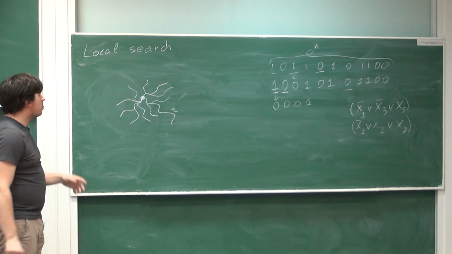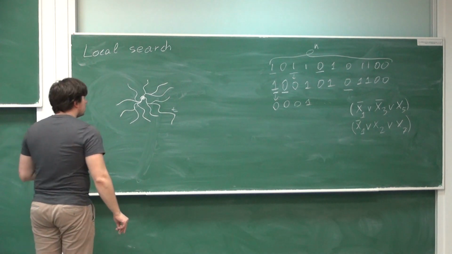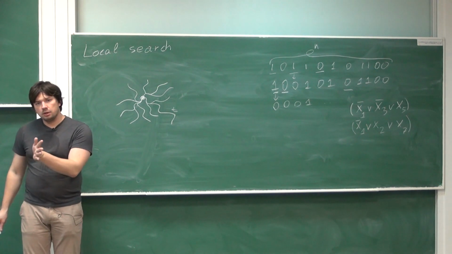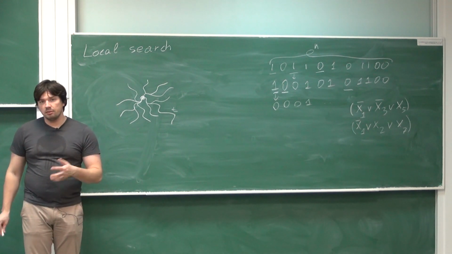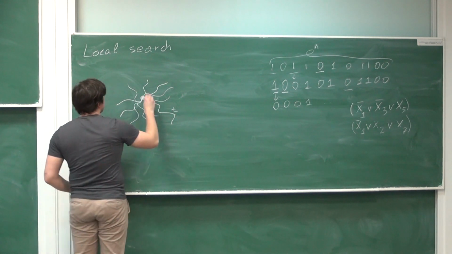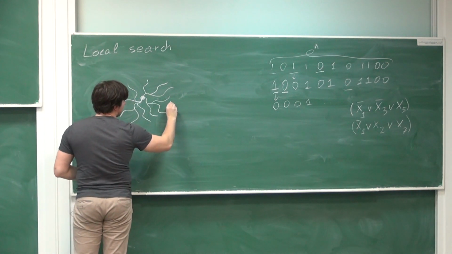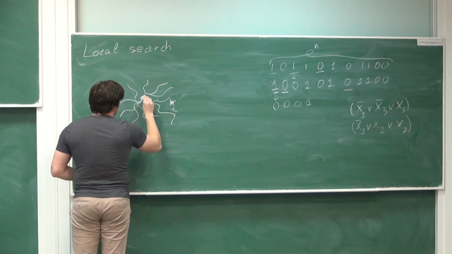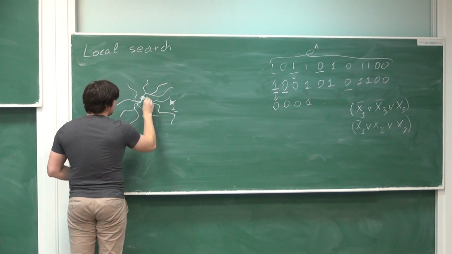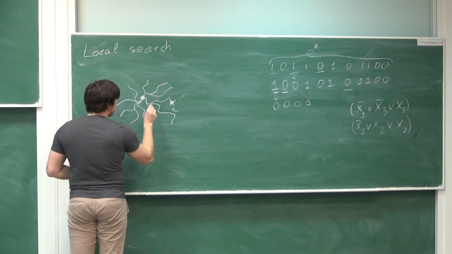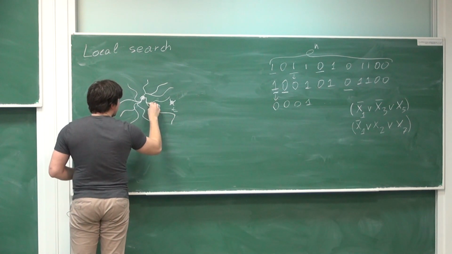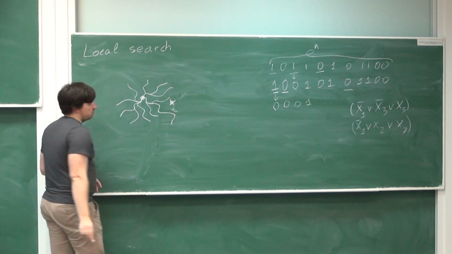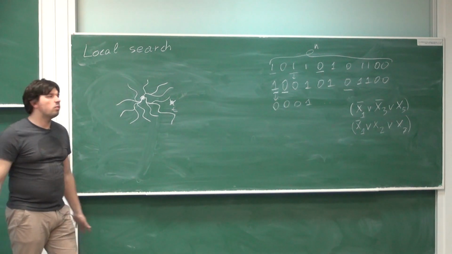So we have 1 in 3 chances of getting closer to the correct assignment. If this is the one we are looking for, we can get closer, and closer again, and closer, and then we can get closer for a while and then just miss it and wander somewhere away from it.